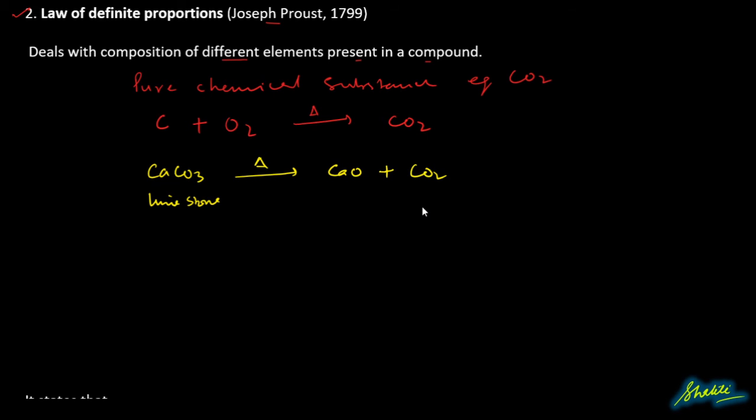Now you see, in both the cases, the composition of carbon and oxygen, that is, carbon is one part and oxygen is two parts. So 12 is to 32 and the ratio comes 3 is to 8.